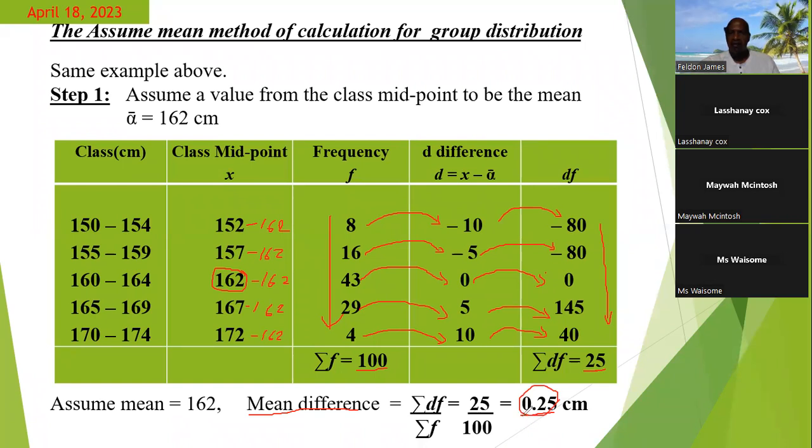You have to add your mean difference to your assumed mean to get the actual mean. All right, so the actual mean would be 162 plus 0.25, which is 162.25. All right, let me see the answer, those who are following so far and understand what I'm saying.